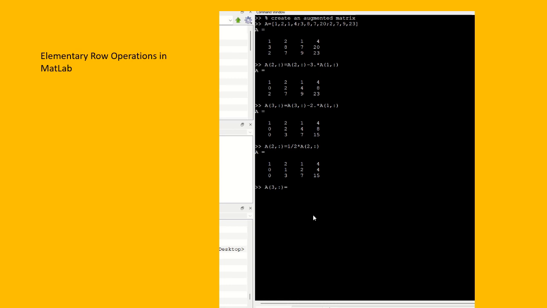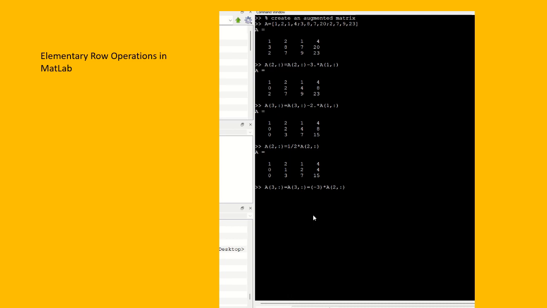I want it to be done by the following calculation. Whatever the third row of A is right now, 3 comma colon, plus quantity minus 3 times A sub 2 comma colon.